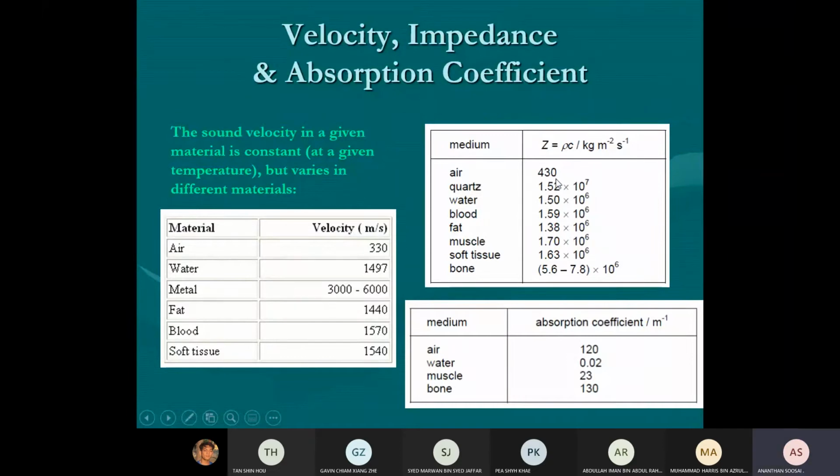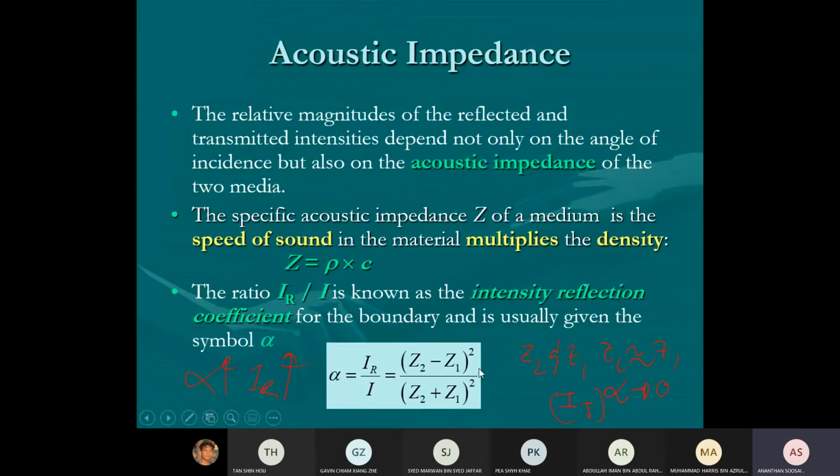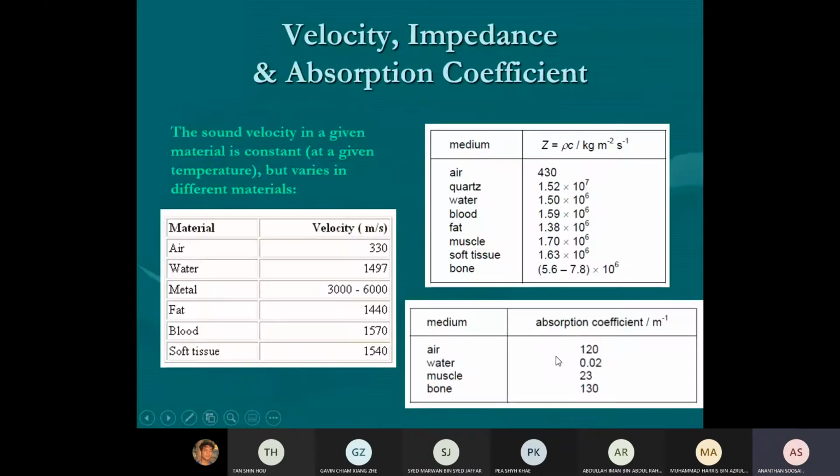So Z2 minus Z1 will be a very big difference, so alpha is going to be very big. Majority will be reflected. That's why a patient whose stomach is full of gas, lots of gas, is difficult to scan with ultrasound. Wait for a while to clear the gas, then only you can go for scanning.